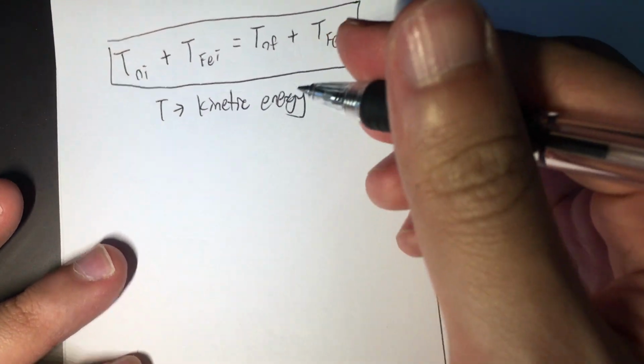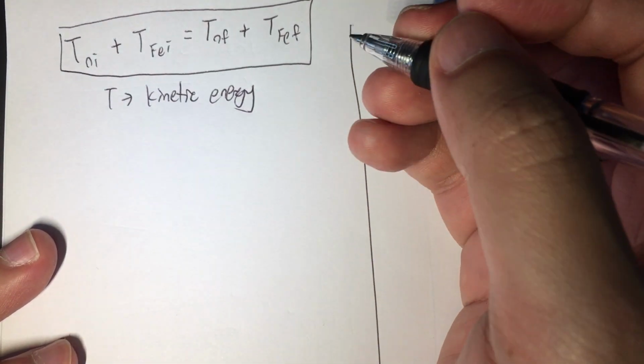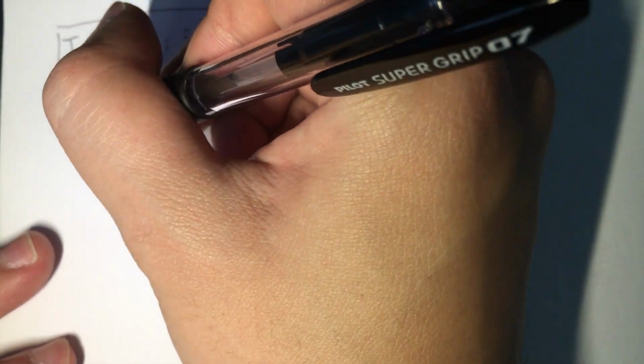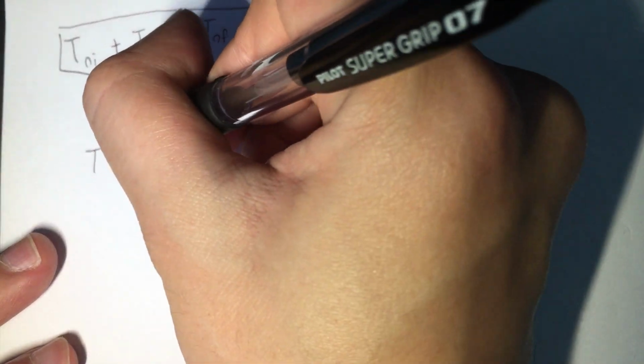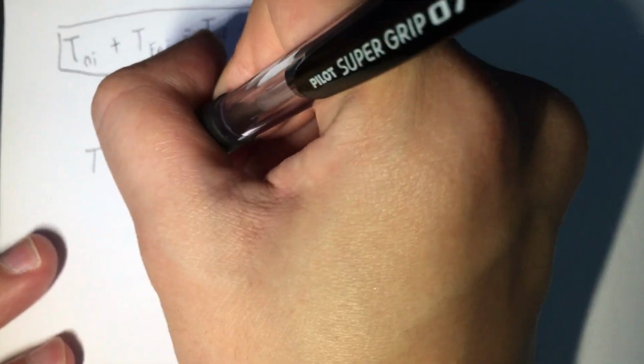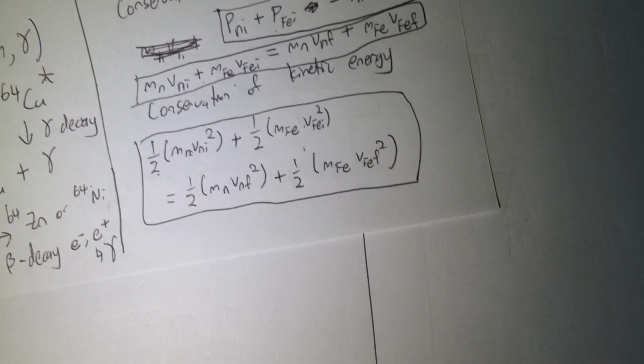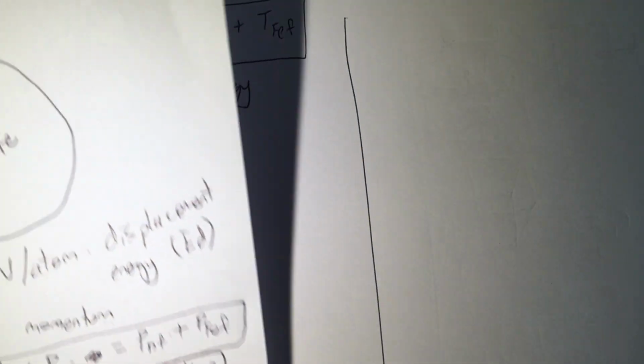And what is the relation between the momentum and kinetic energy of a body? For any body, we know that the kinetic energy is equal to p squared over 2m. This is a very useful relation we want to use. Now, with all this information, we want to consider two very simple cases.